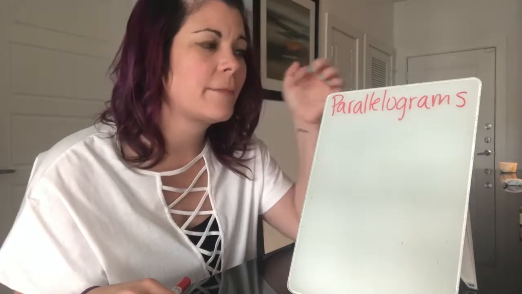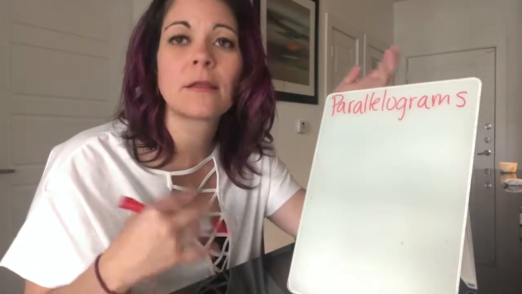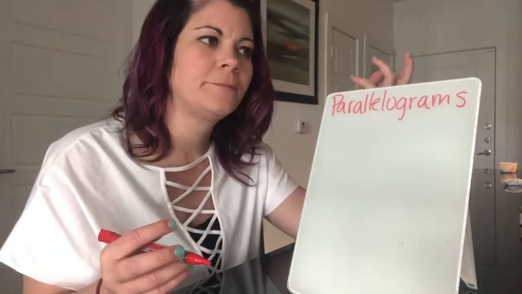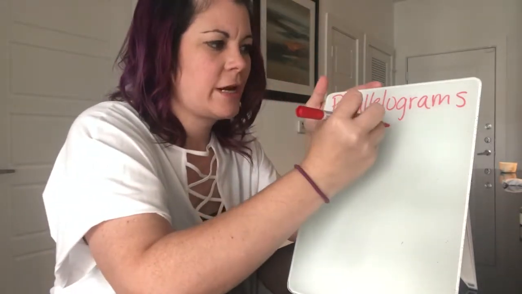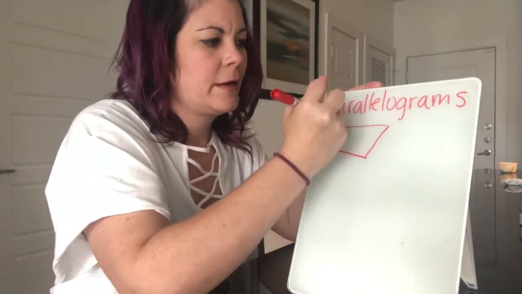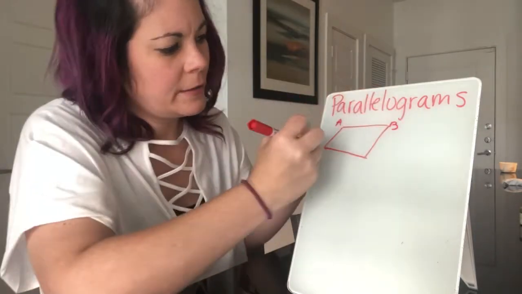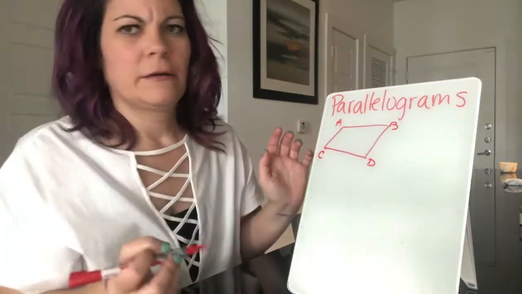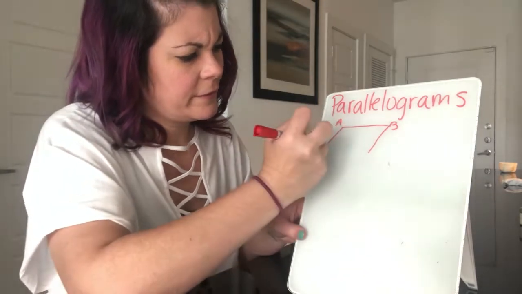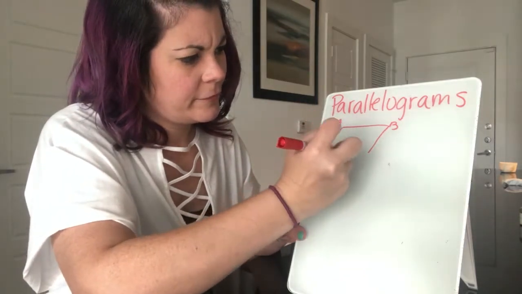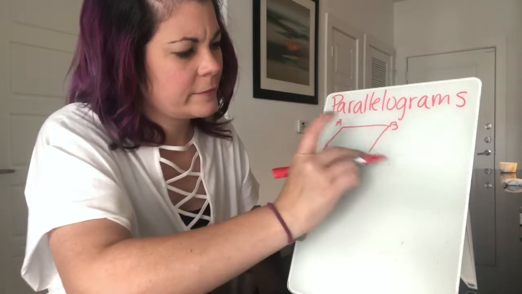So a parallelogram is a quadrilateral whose opposite sides are parallel. Quadrilateral, the word quad means four sides. So a parallelogram is a quadrilateral. How we name a parallelogram: we have the shape with A, B, C, D, a bad parallelogram, so let me redo that because these sides are supposed to be parallel.